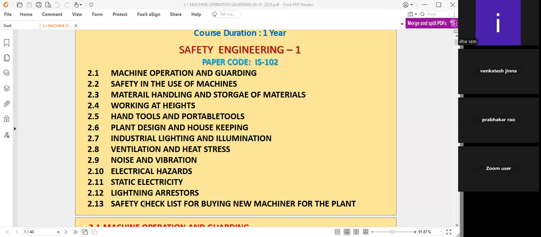Last but not least, safety checklist for buying a new machine for the plant.